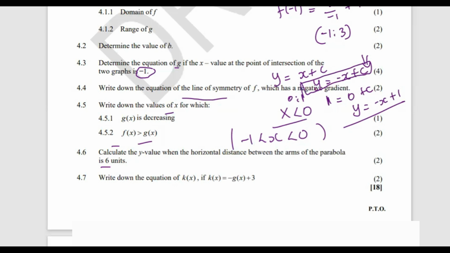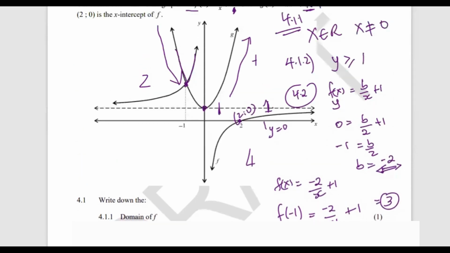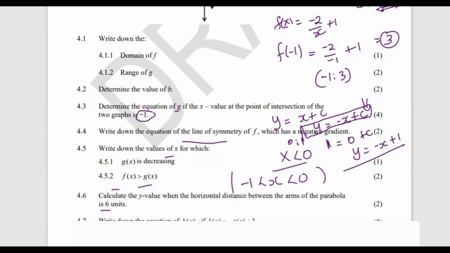Calculate the y value where we get the horizontal distance between the arms of the parabola. What do you mean? Because the parabola of this and this, if the horizontal distance is 6, what do they want? So they're telling us that is a 6. Are they asking for the x values? Calculate the y value where the distance is.